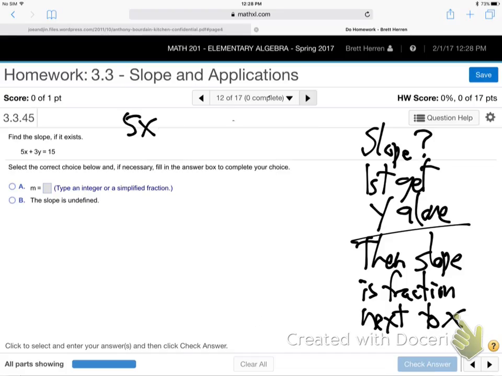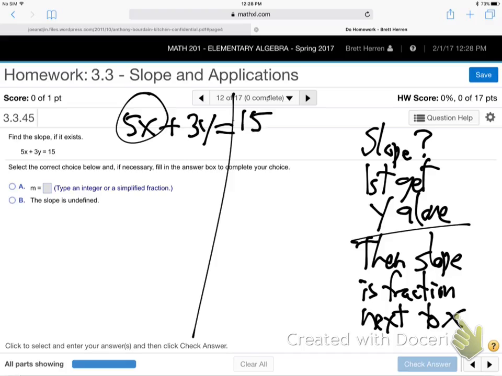So 5x plus 3y is 15. Y is saying, I want to be alone. So what's the first step? Grab that 5x and jump it over. What happens when a positive 5x jumps to the other side? It becomes a negative 5x. The 15 is still over there.